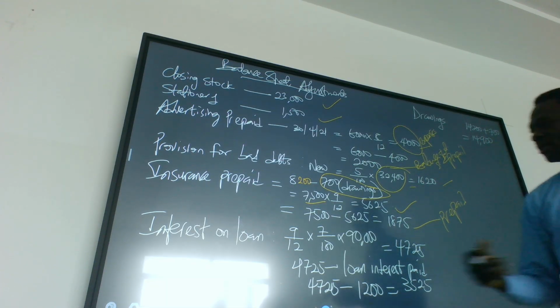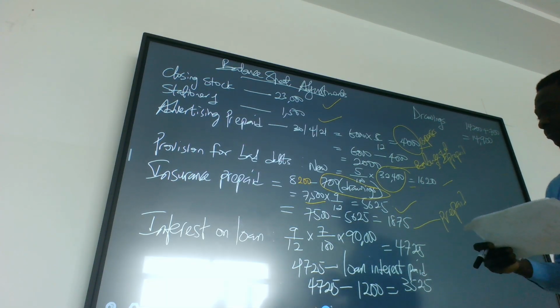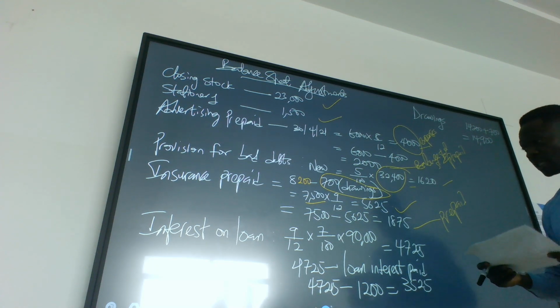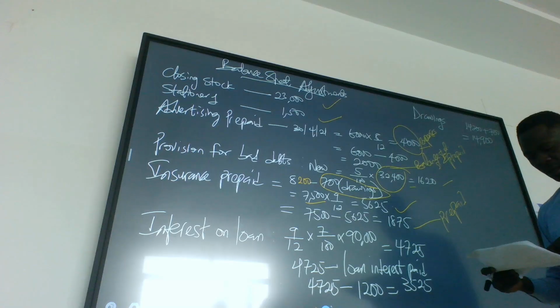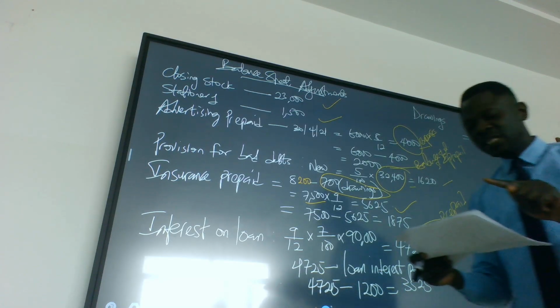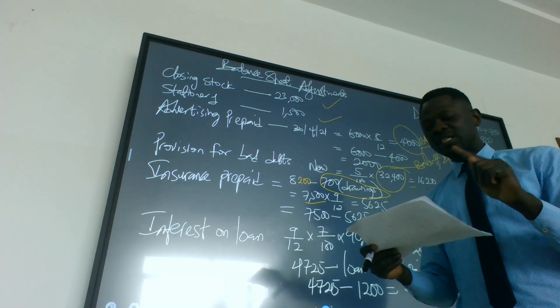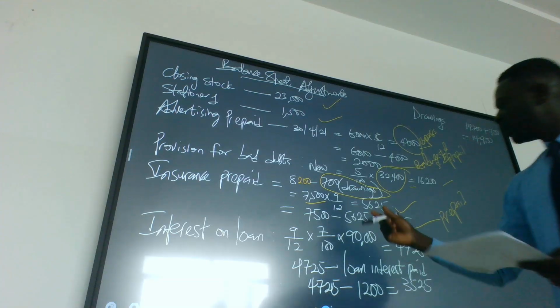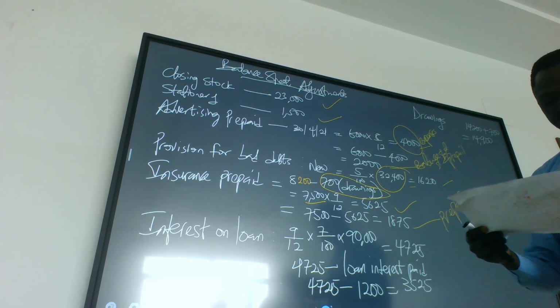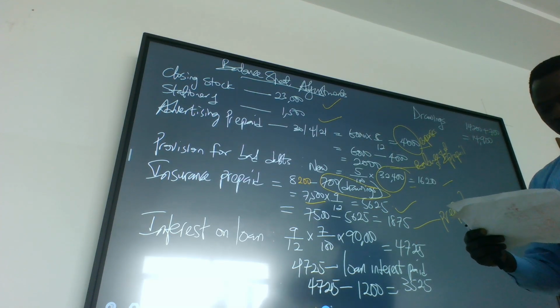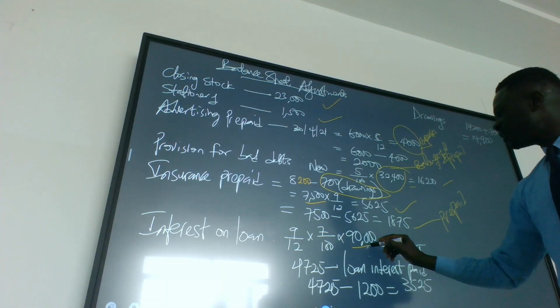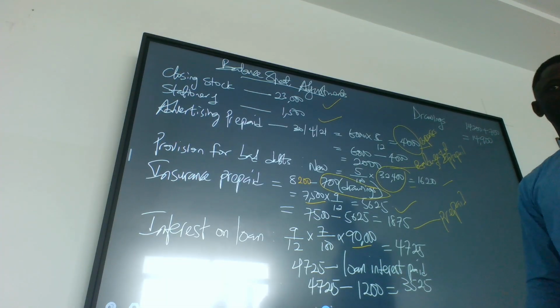Do we get insurance? Yes. Okay. Now we have interest on loan. They said provision should be made for interest due on the loan at the rate of 7% per annum. The total loan is how much? Term loan, 90,000, 7% for 9 over 12.